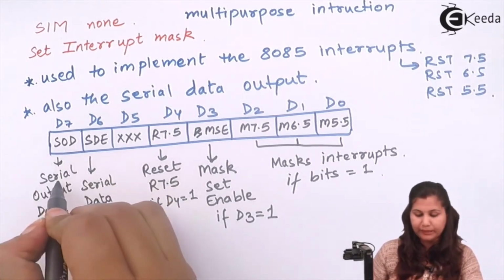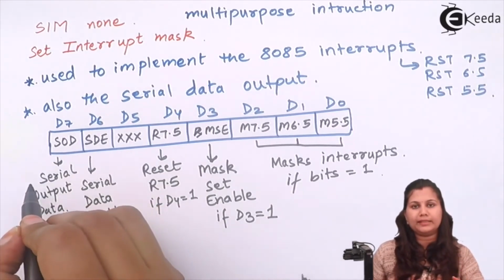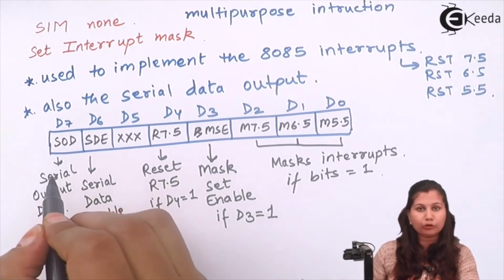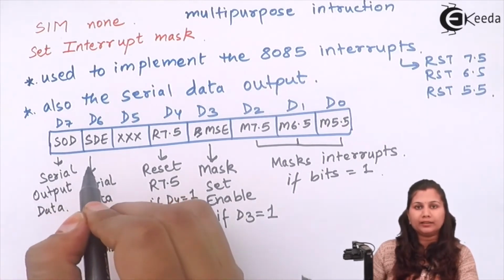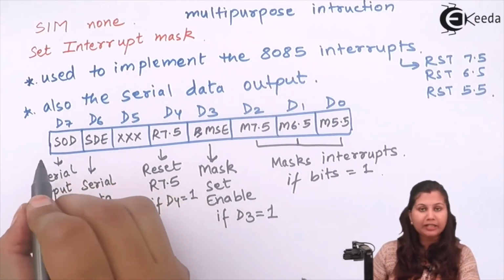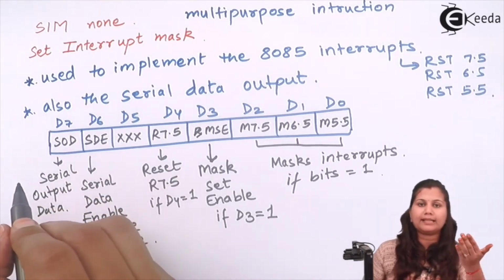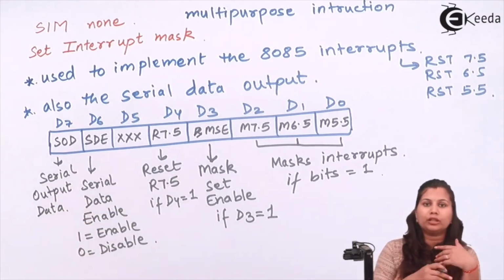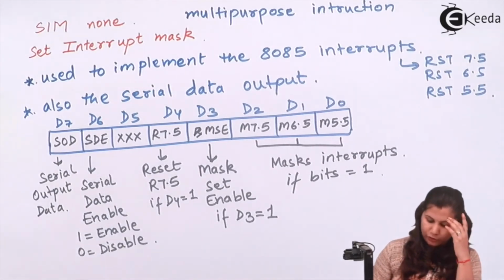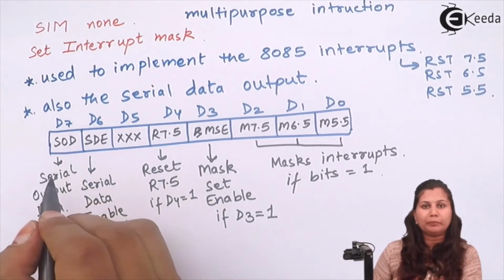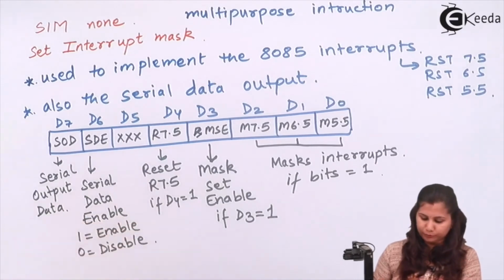If this bit is 1, then 1 is the output bit to the other peripheral device, and if it is 0, then 0 is output as the output bit to the other peripheral device. So this defines the output bit, 1 or 0.